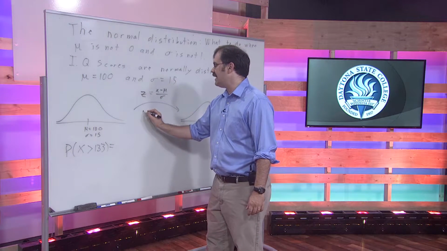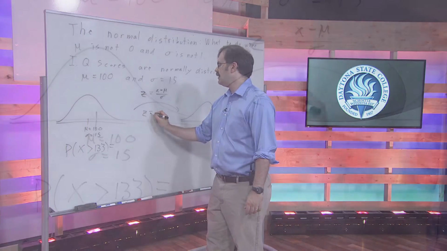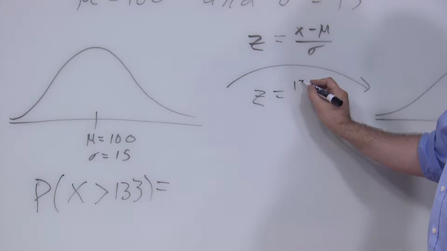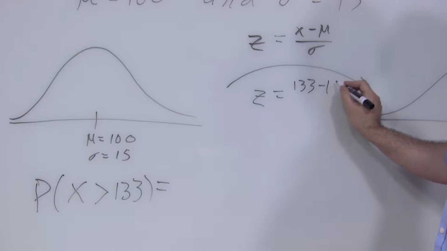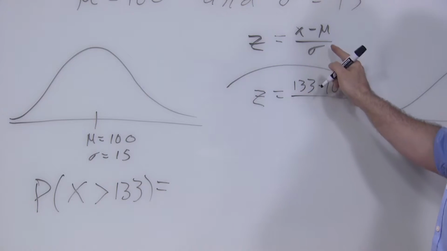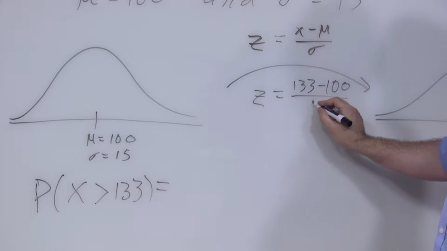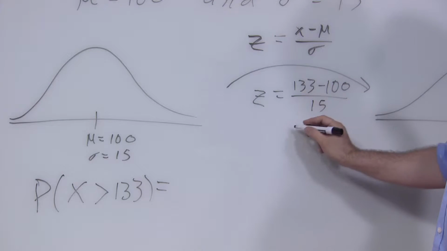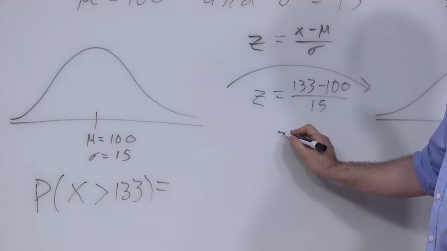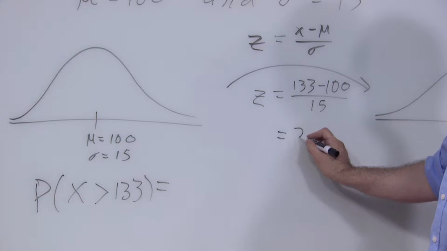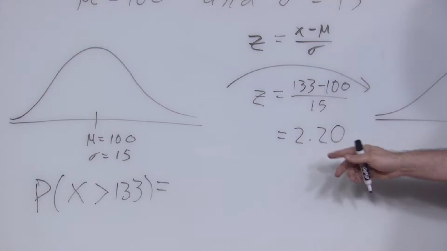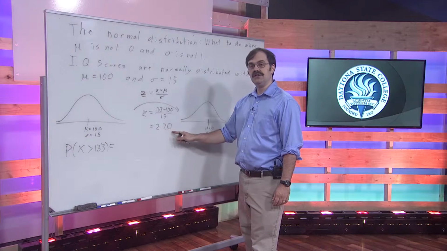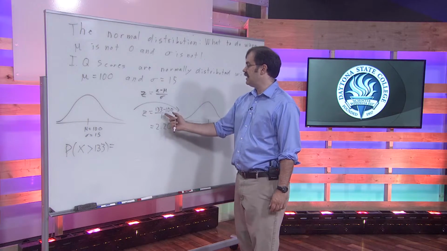Let's calculate that now. The z-score for 133 would be 133 minus the mean, which is 100, divided by the standard deviation, which we said was 15. And if you plug this in, you'll see that that is 2.20, if we keep our rounding rule of rounding to 2 places for z-scores.